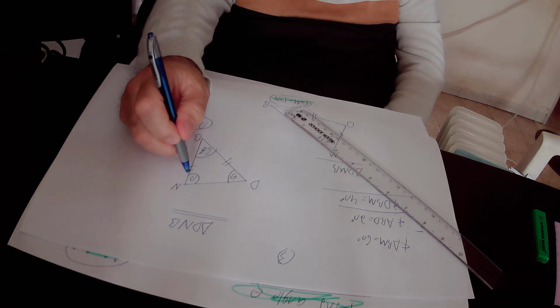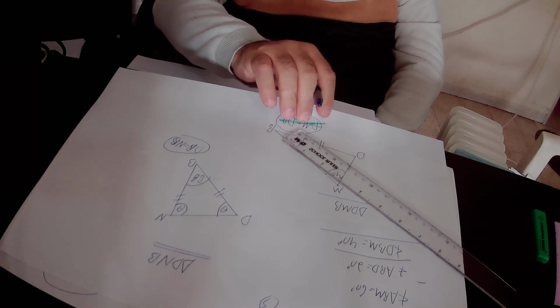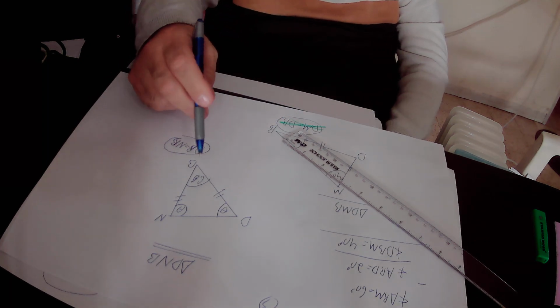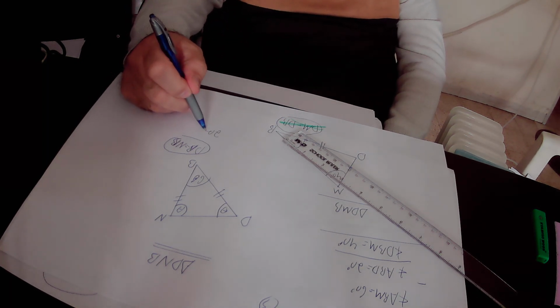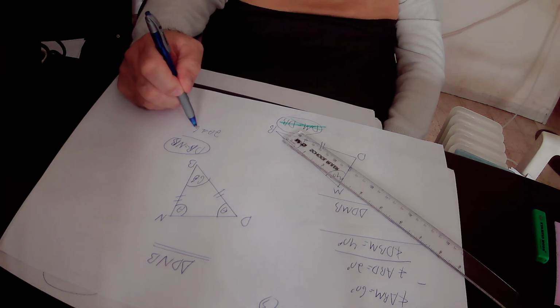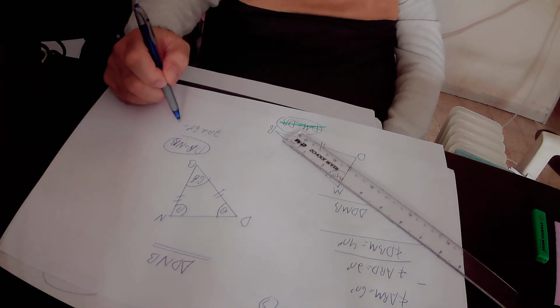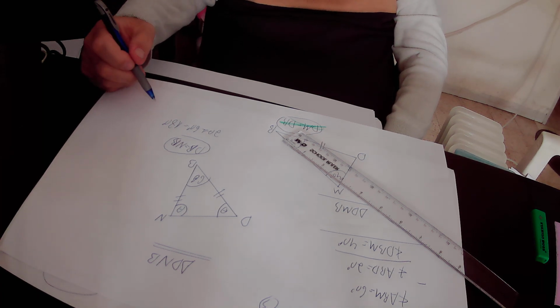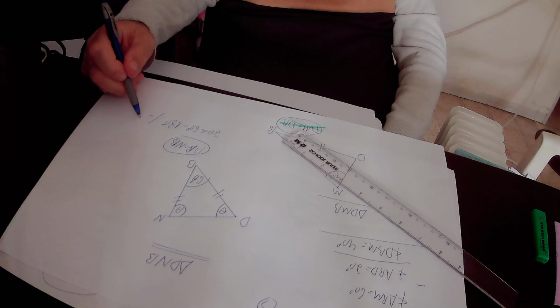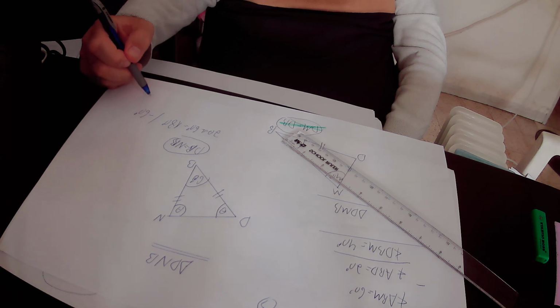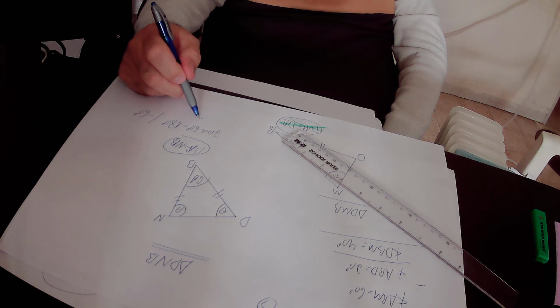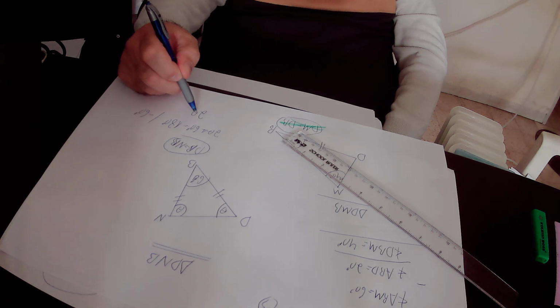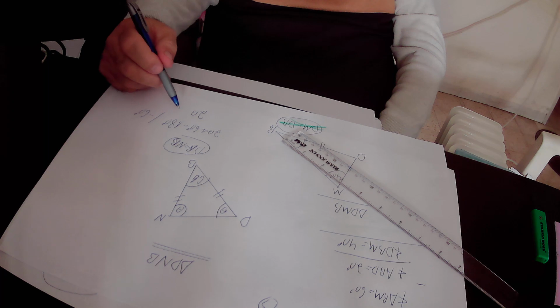The sum of the angles in triangle DNB must be equal to 180 degrees, that is, theta plus theta is 2 theta, plus 60 degrees. In total, the sum of those three angles must be 180 degrees. So we subtract 60 degrees from this equation and get that 2 theta equals 180 minus 60, which is 120.